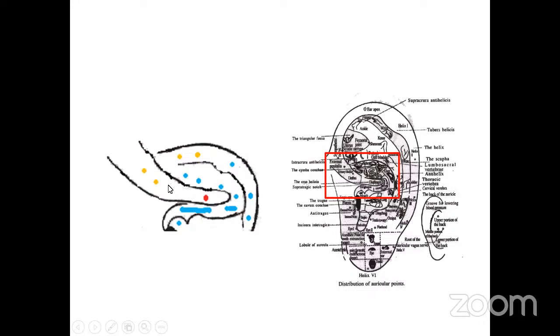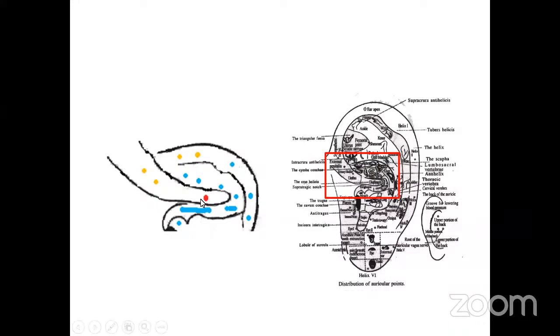Crus of the helix. Now this actually divides the concha into cymba and the cavum conchae, but it also divides the body. So this crus represents the diaphragm. Anything above the level of the diaphragm will come below this, and everything below will come above this.